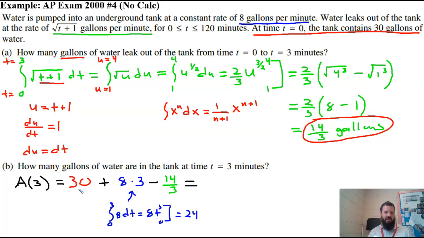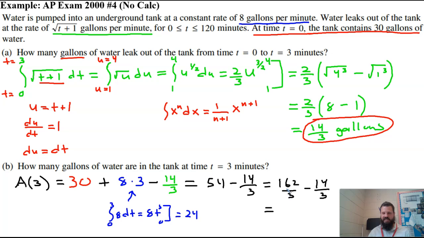What would we have here? We'd have a 30 plus 24. That's going to be a 54. Okay, minus that 14/3, which would be equal to, if I want to put this in terms of thirds, 3 times 54 would be 162, minus the 14 thirds.